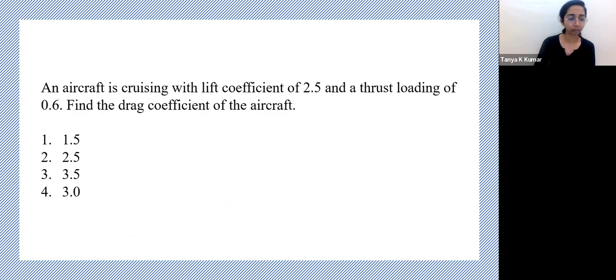Let's move on. An aircraft is cruising with a lift coefficient of 2.5 and a thrust loading of 0.6. Find the drag coefficient of the aircraft.